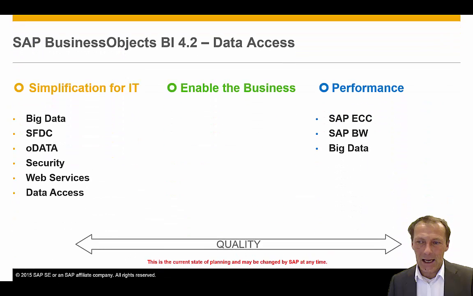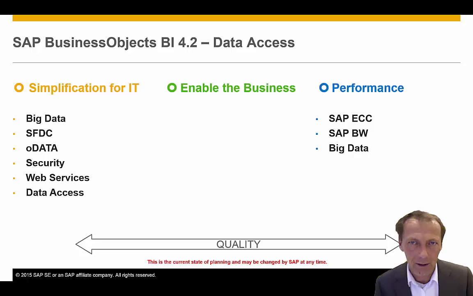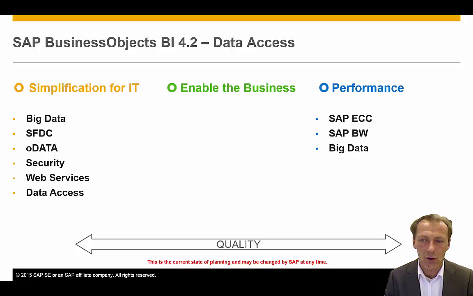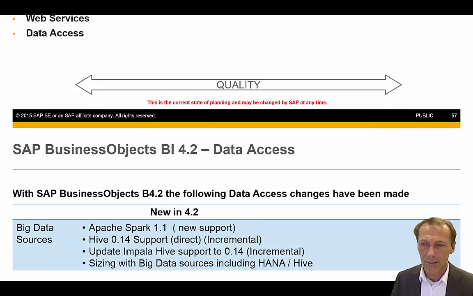Data access, we already were close to agnostic to data source access, but still there are some new things that we now have access to. You see an overview over here. It regards big data, Spark connectivity, SFDC, OData, for example, security web services.